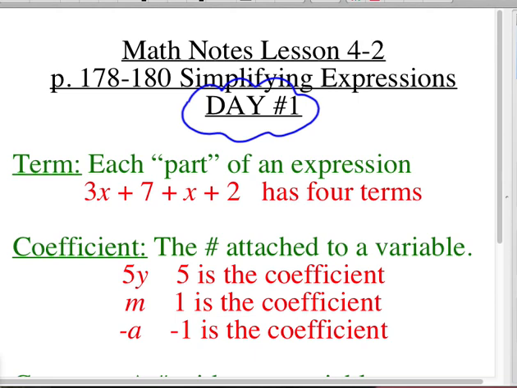Okay, there's actually quite a bit of vocabulary that goes along with this lesson. And again, it really is pretty important that you get used to understanding and hearing and using these terms. That's kind of funny because that's actually the first definition we're going to talk about.